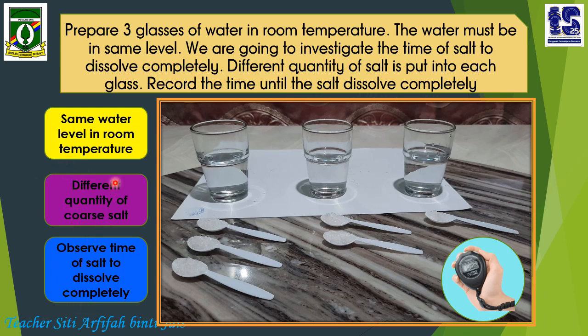Again, I use the color coding. We must use same water level in room temperature. Remember, yellow color is referring to which variables? Yes, yellow color is referring to constant variable because we have the same level of water and all the temperature are same.